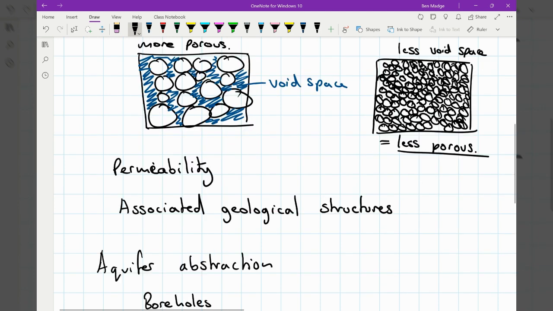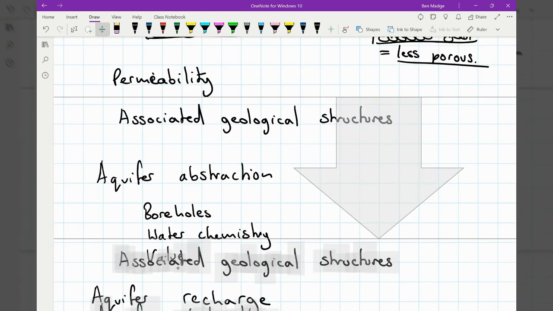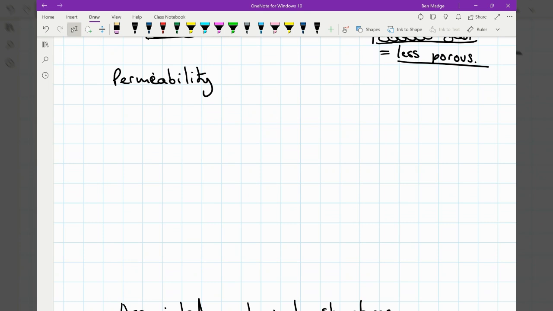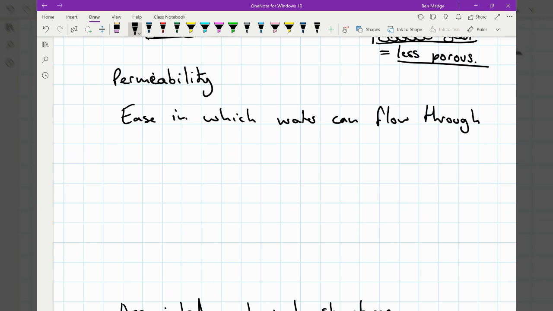Okay, so permeability is the measure of the ease with which water can flow through a rock. And this is due to the interconnections between spaces.